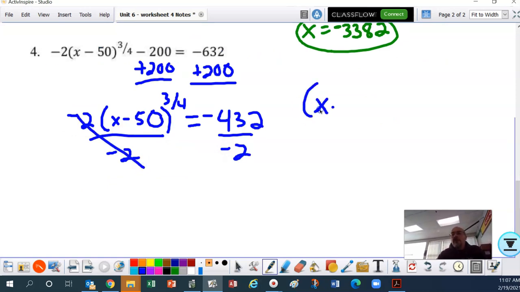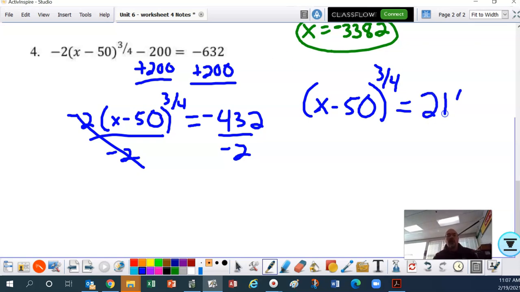Now I still have x minus 50 to the 3/4 power. Again, I'm only going to have one answer here because that numerator is odd. And let's see, -432 divided by -2 is positive 216. Get rid of the 3/4. That means I'm going to do the reciprocal.